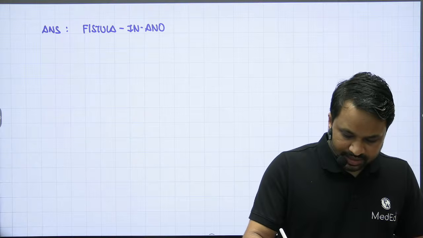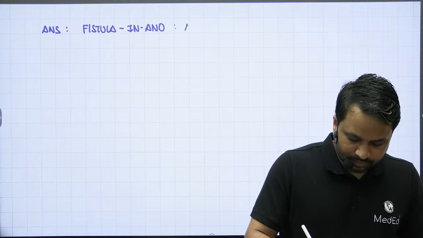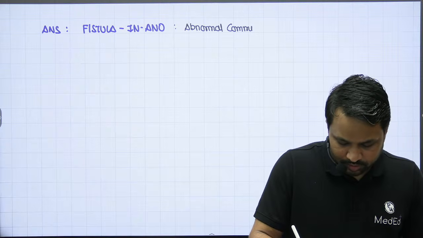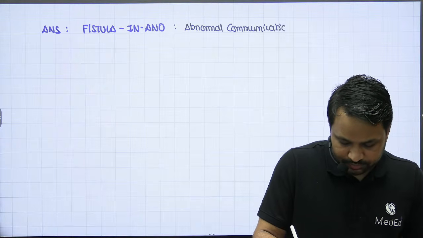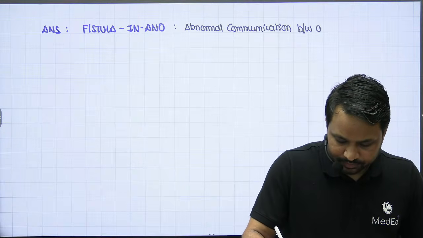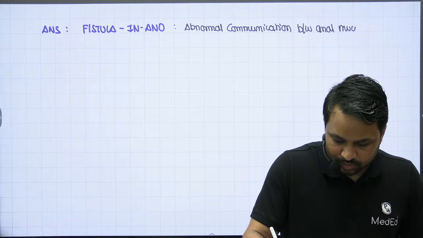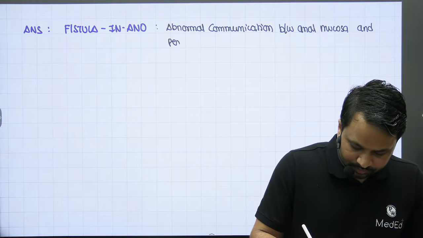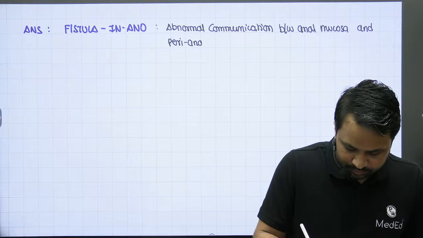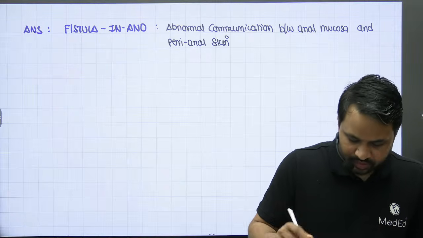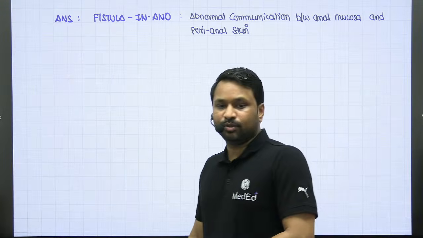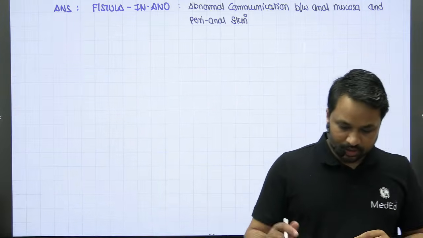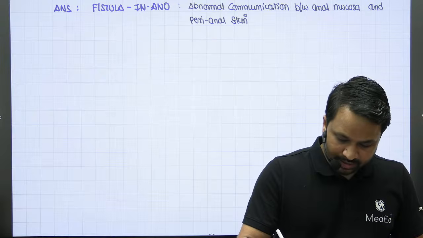The fistula in ano is described as an abnormal communication between the anal mucosa and the perianal skin. So it's an abnormal communication between the anal mucosa and the perianal skin that we call the fistula in ano, right?